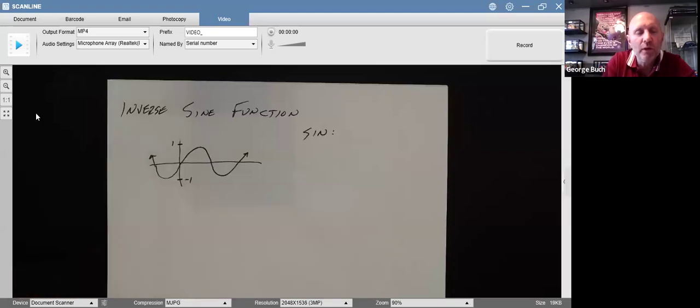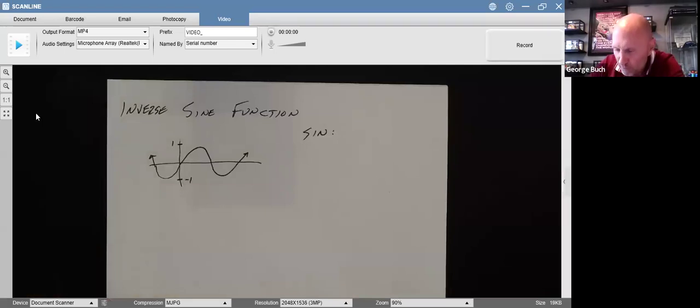But the issue we run into is, let's say I asked, where on the sine curve is sine equal to -1/2? Well, there are a lot of places, because this goes from negative infinity to positive infinity. So there's a bunch of spots.